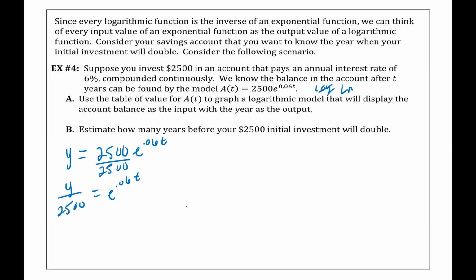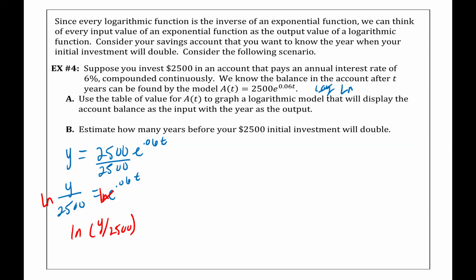So we're going to take the natural log of both sides. When I take the natural log of the right side, what does it do to the e? It cancels it out and sets the exponent free.